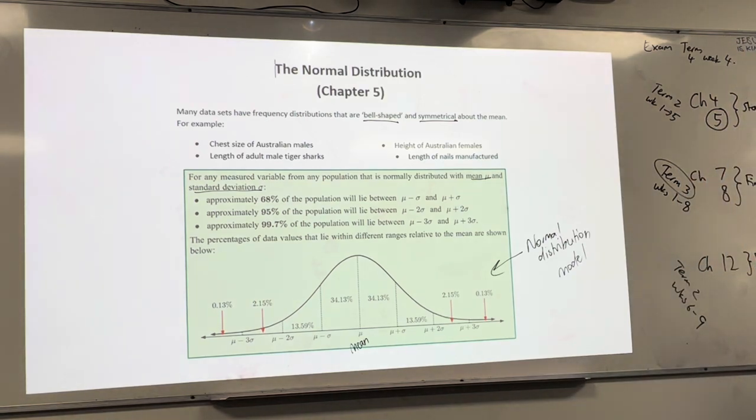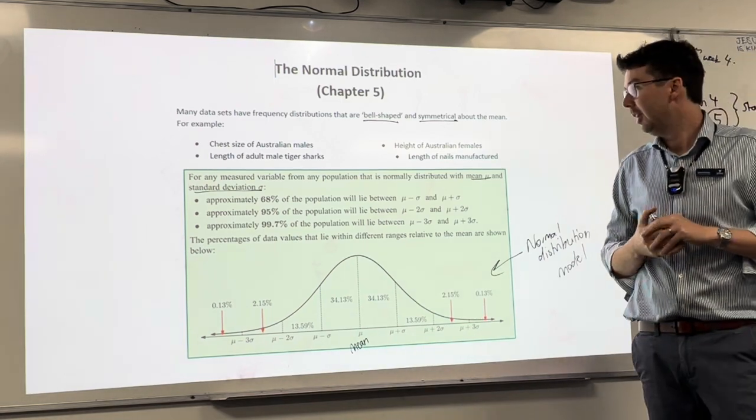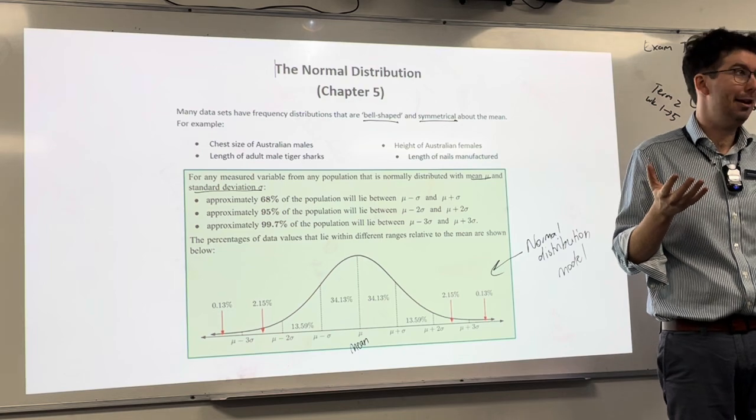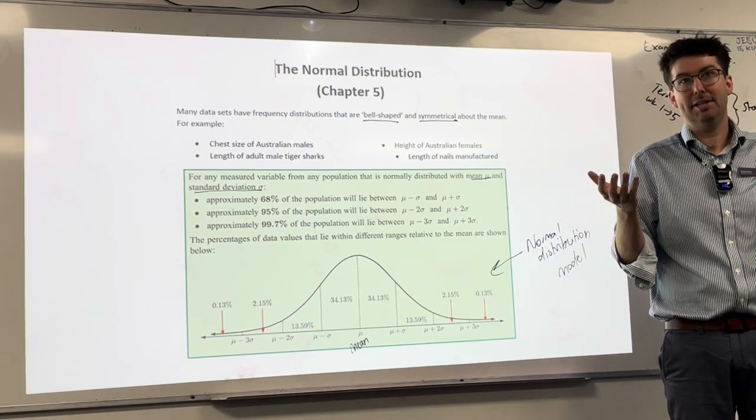Yeah. It's how much the results are deviated from the mean. Great. She said how much the results deviate from the mean. Standard deviation is about the variability of the data. Right? How much variation there is in the data.